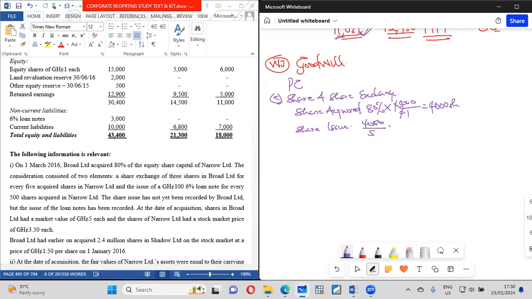So for every 5, we are giving 3. That gives me 2,400 shares. Now, what is the value of the parent share? It says that broad is 5 and narrow is 3.5. So narrow will be used for the NCI.